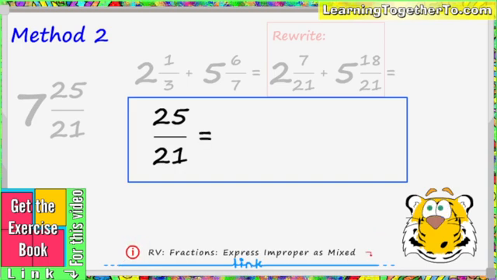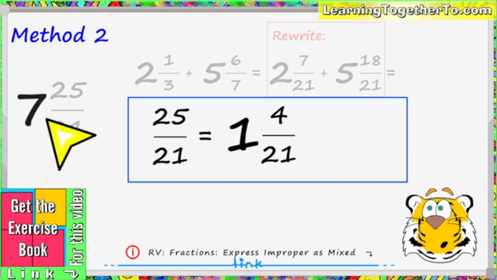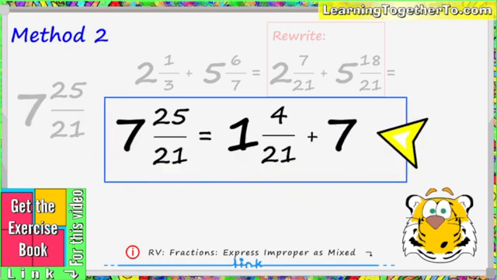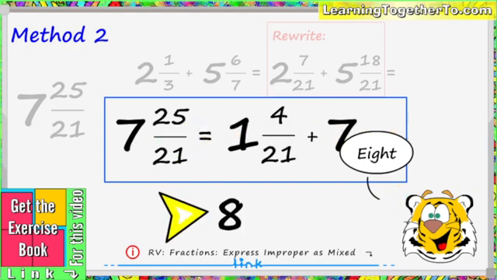25 21st is the same as 1 and 4 21st. Nice job, Tim. Let's remember to add the 7. Remember, Tim, that since we're adding, we don't have to worry about the order of the numbers. 1 plus 7 is equal to 8.